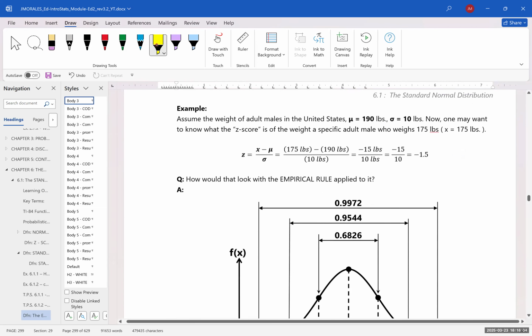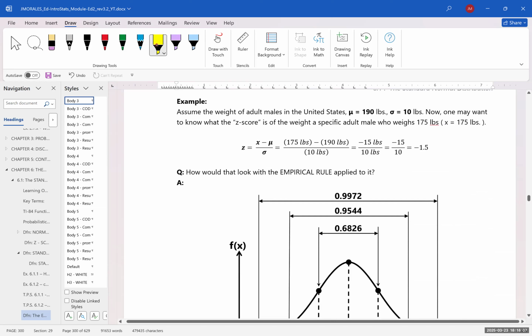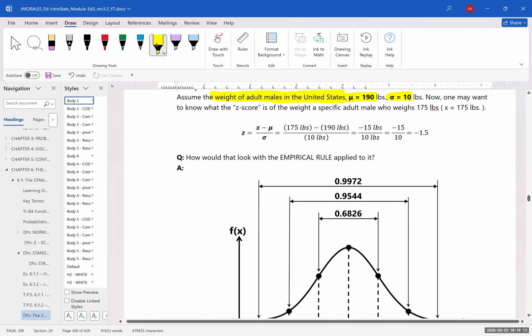All right, so let's look at an example of this. Here we've got a distribution of the weight of adult males in the United States with a mean of 190 and a standard deviation of 10. This is the same as we had previously. We looked at a random adult male who weighed 175 pounds, and their z-score came out to negative 1.5.